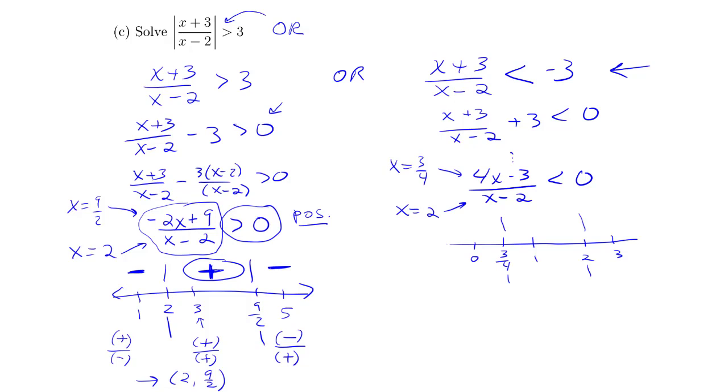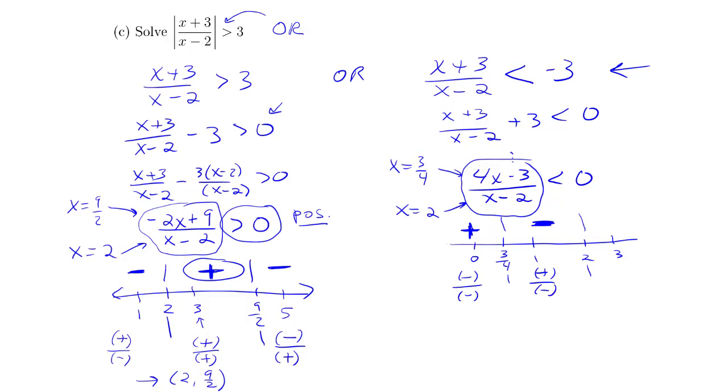All right, so if I put 0 in there, I get minus 3 over a minus, so I get positive there. If I plug in 1, I'll get a positive over a negative, so I'll get a negative in there.